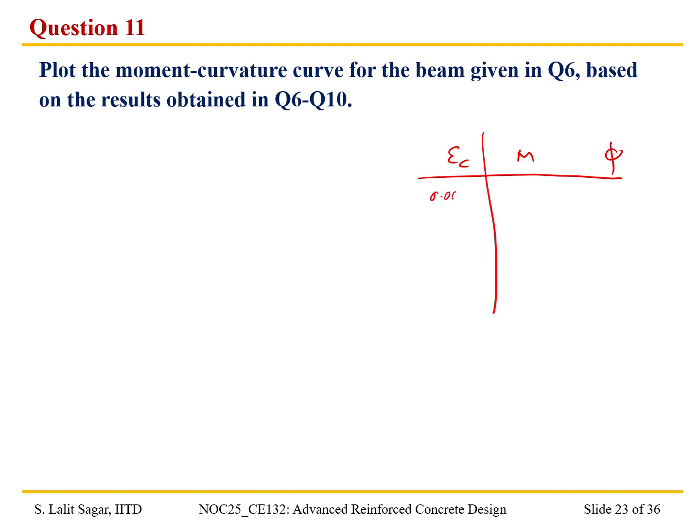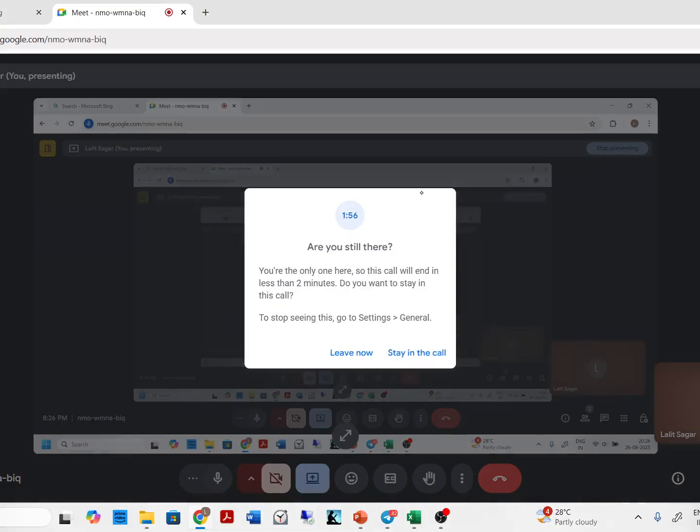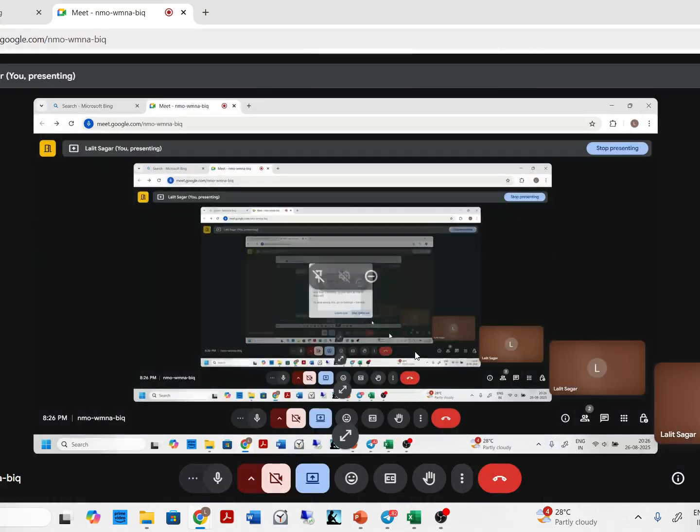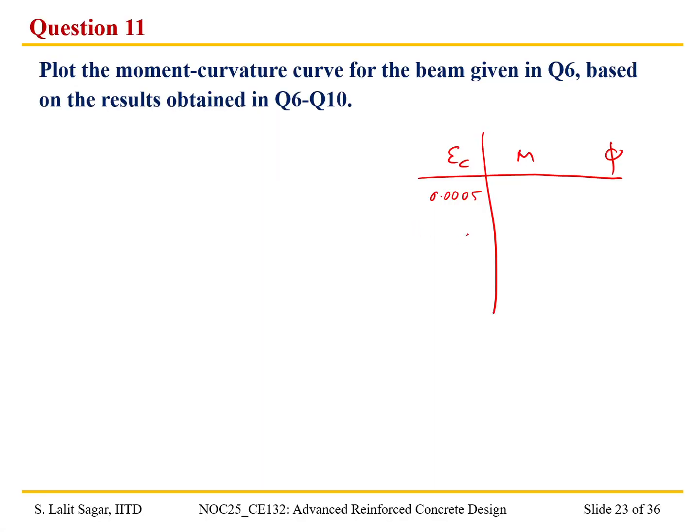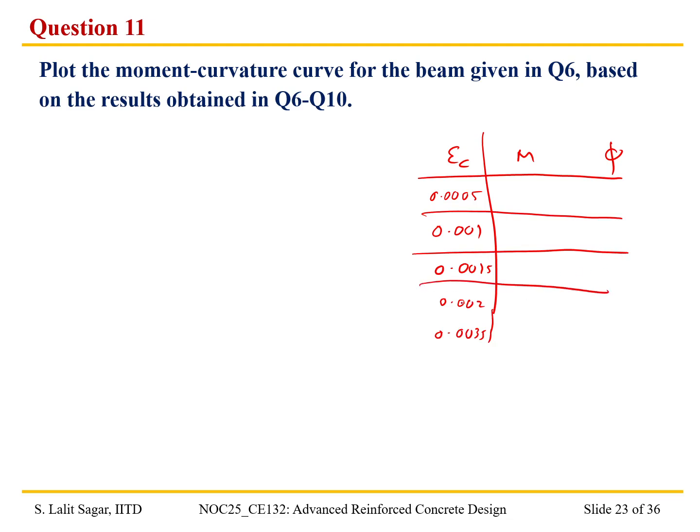For epsilon c 0.0005, 0.001, 0.0015, 0.002, and ultimately 0.0035. And correspondingly, we found out the values of M and phi, right? So for each value of strain, we obtain the values of M and phi.